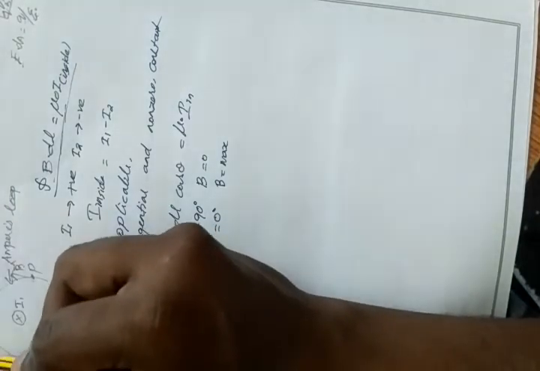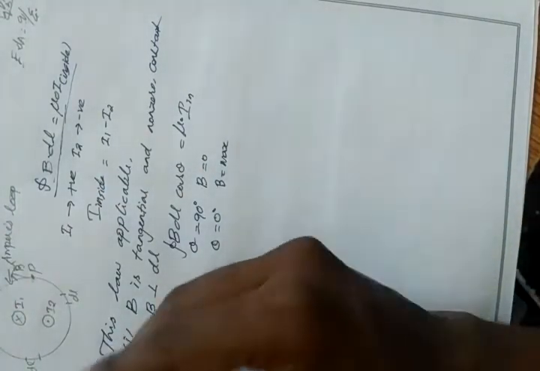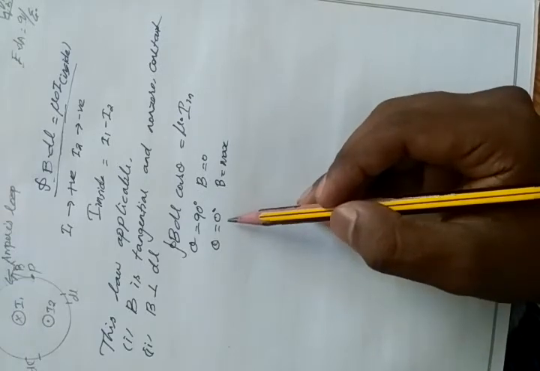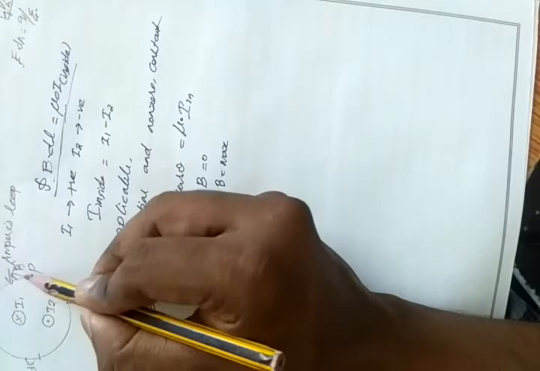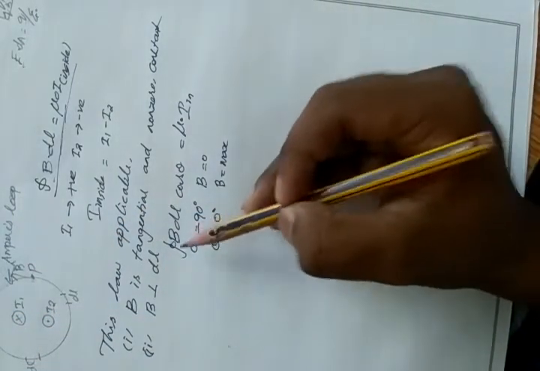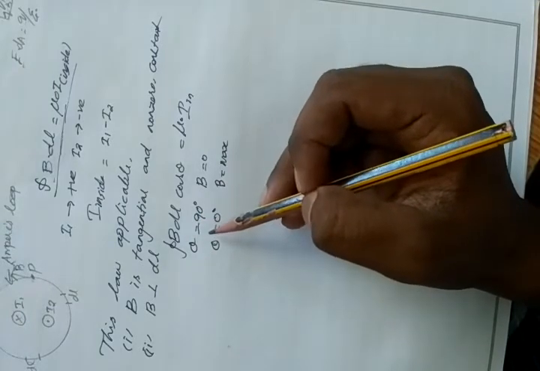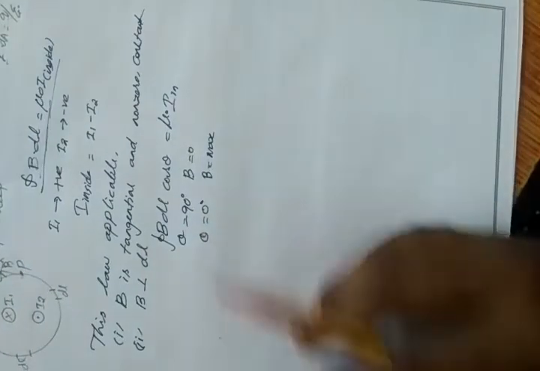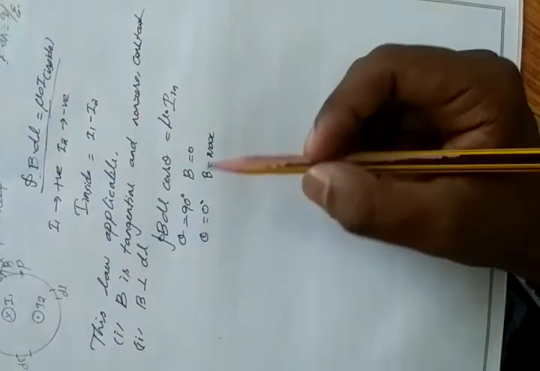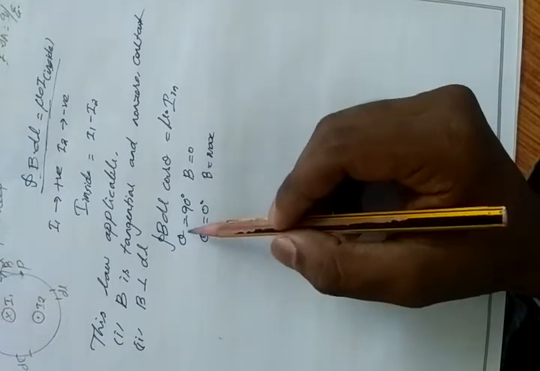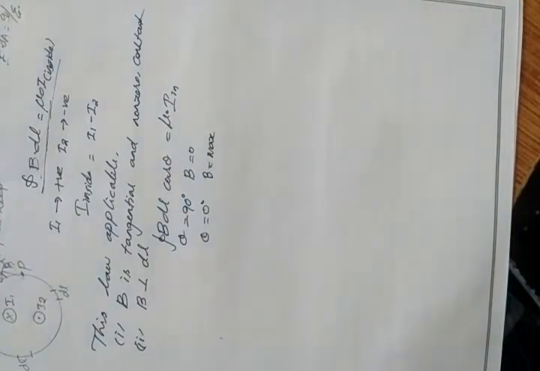If the magnetic field is tangential, then what is the angle? The angle is 0. This is the direction of current and this is the direction of the length element. So the angle between B and dl will be 0 because the directions of the magnetic field as well as the length element are the same. If the angle is 90 degrees, then the magnetic field will become 0.